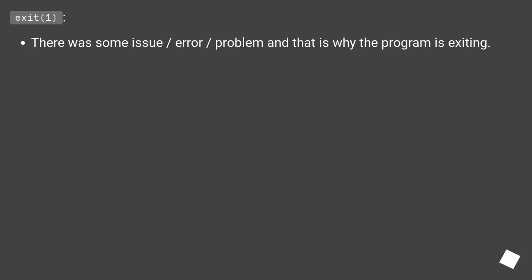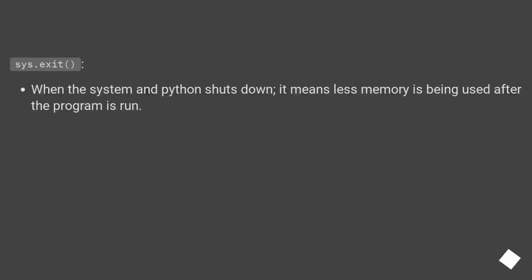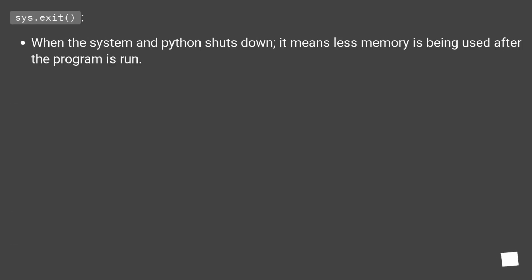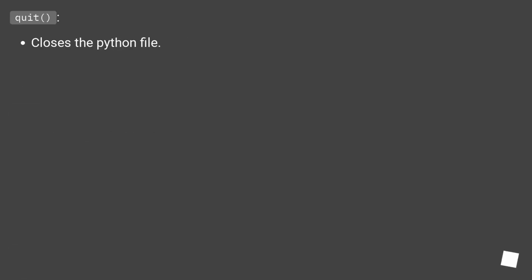Exit 1: there was some issue, error, or problem, and that is why the program is exiting. sys.exit: when the system in Python shuts down, it means less memory is being used after the program is run. Quit: closes the Python file.